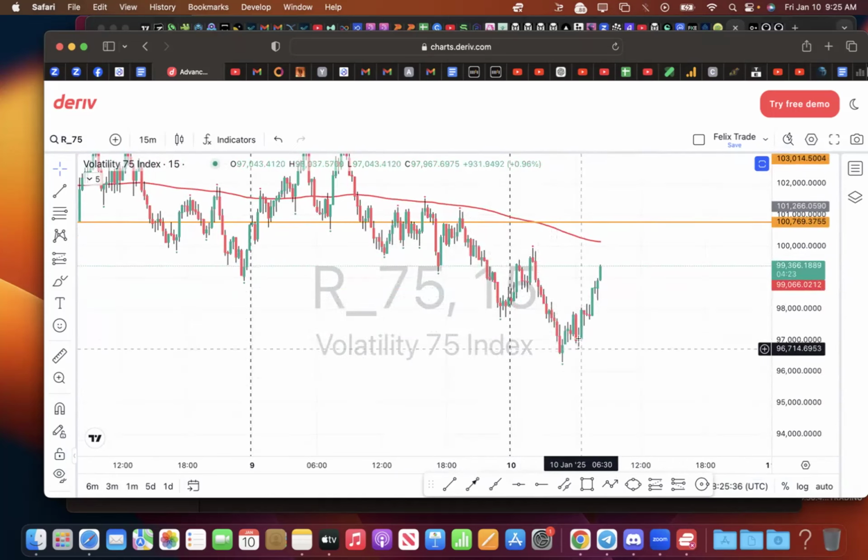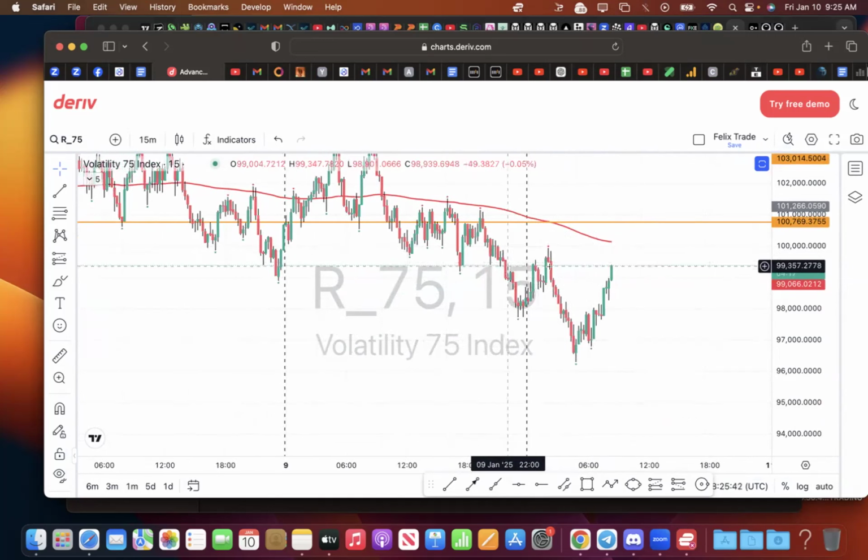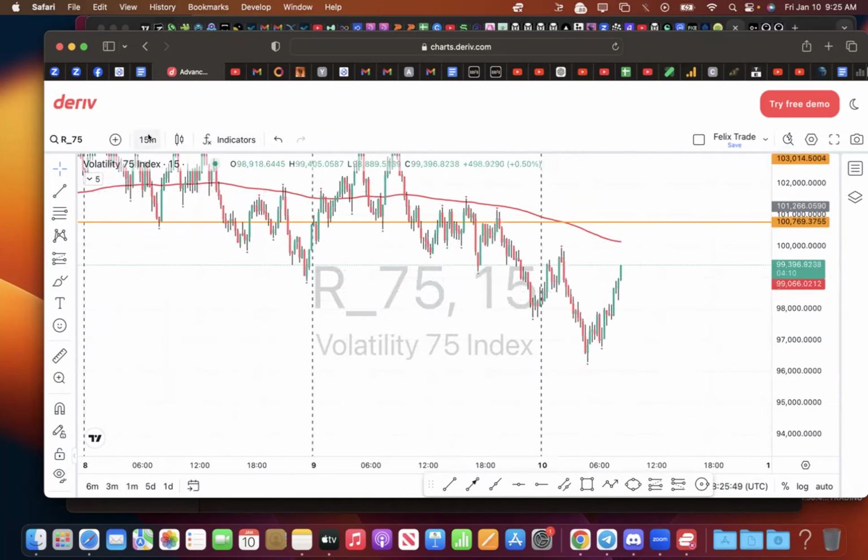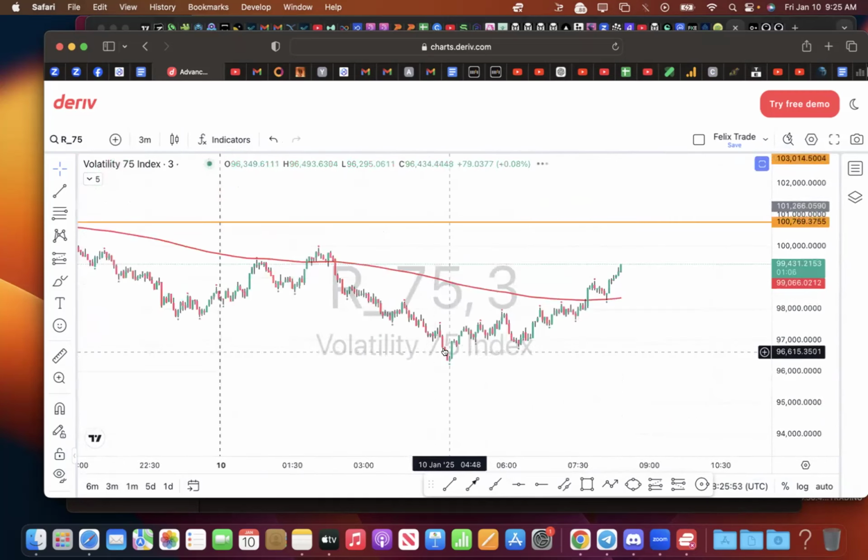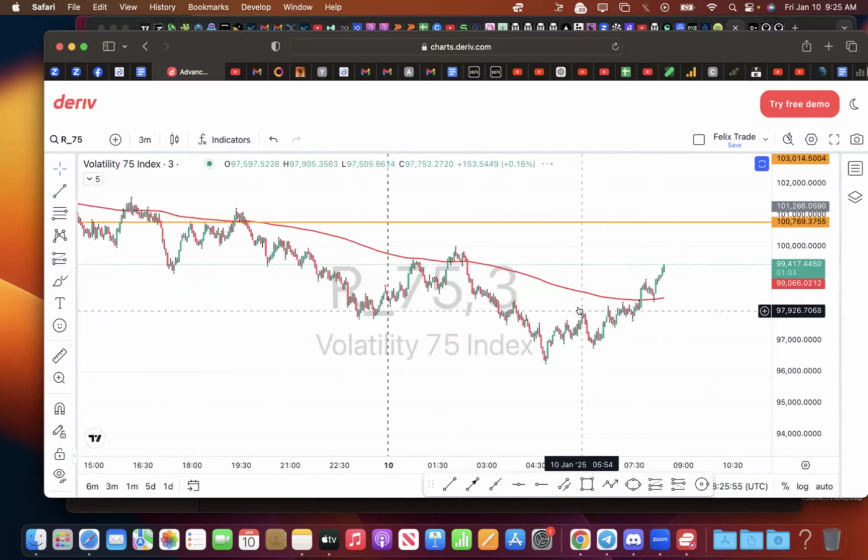After that, you have another. Here it's still a downtrend, so you need to be careful: if this is not grabbed and surpassed, then it's going to be rejected here. But when you are a scalper using 3 minutes, 5 minutes or even 1 minute, you will have made some money.